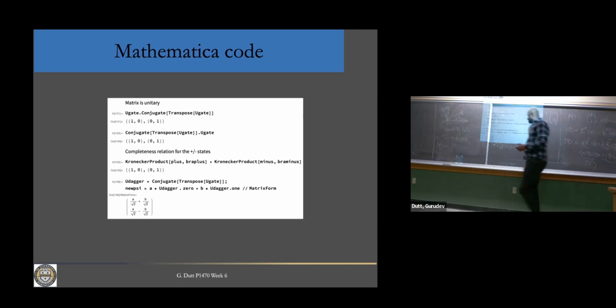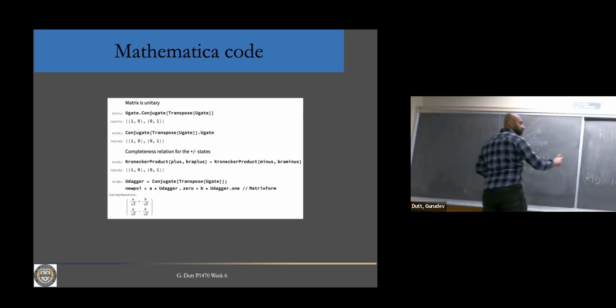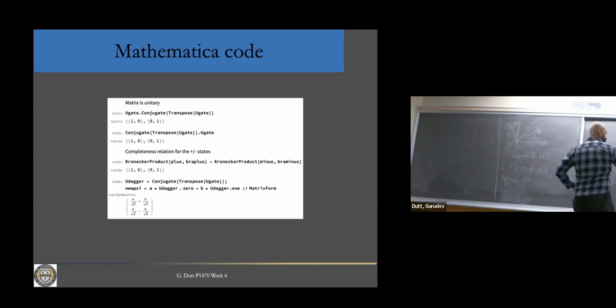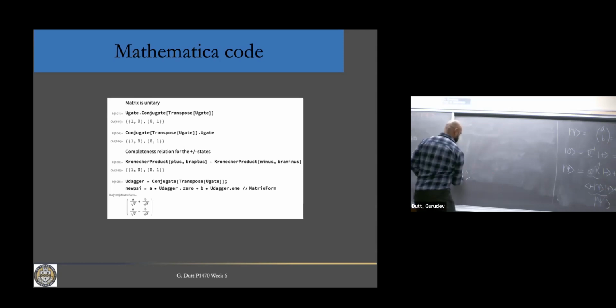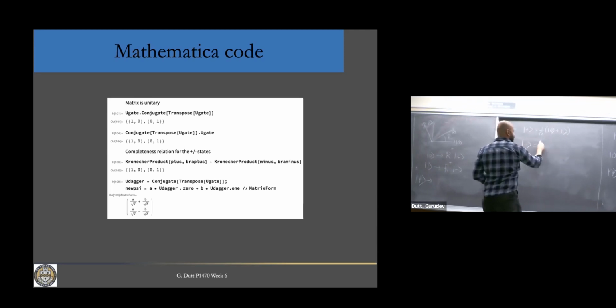Instead of writing it in this fancy notation, if I had just written this in ket algebra, plus is equal to 1 over root 2, 0 plus 1, and minus equals 1 over root 2, 0 minus 1.